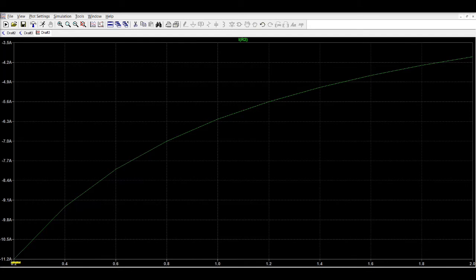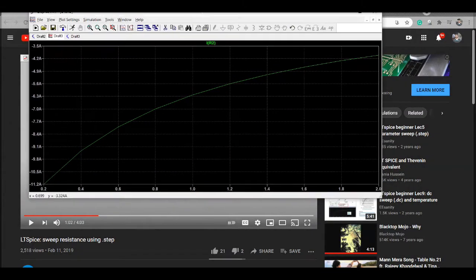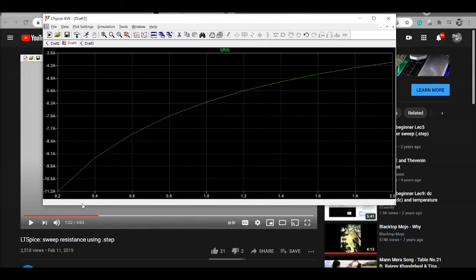If you take a look at this portion of the graph, you're going to be able to figure out the value for each point. I have a chart ready. You're going to check the values of the current from 0.2 milliamperes to 1.6 milliamperes.